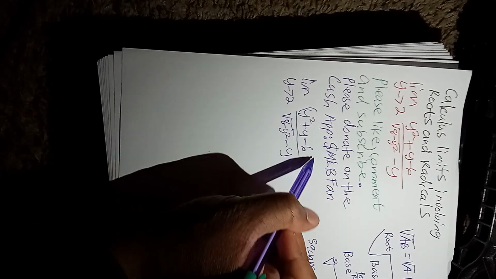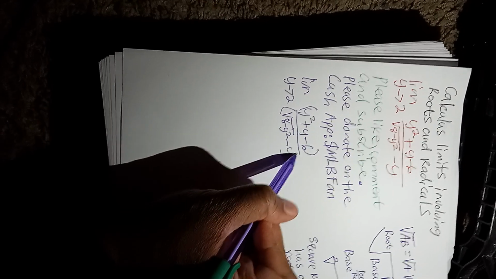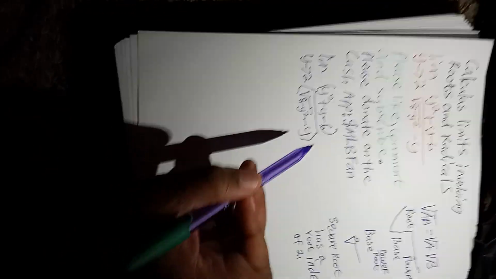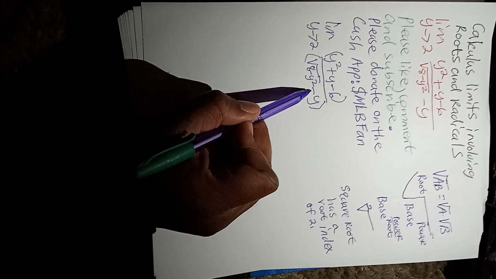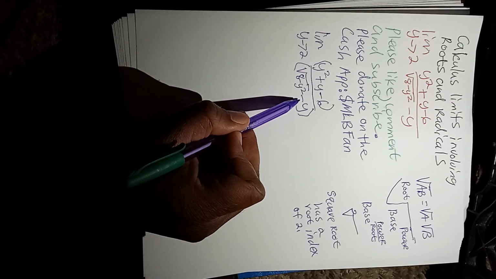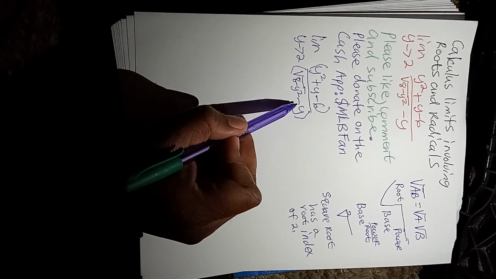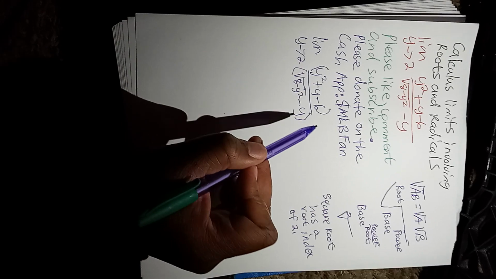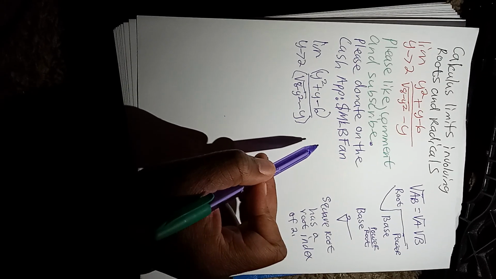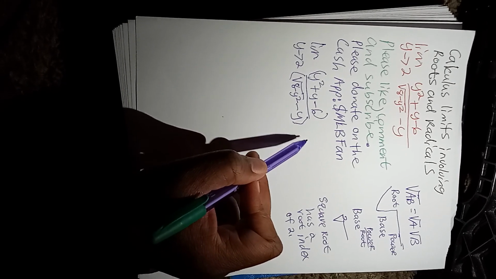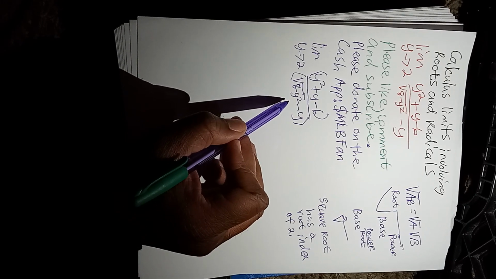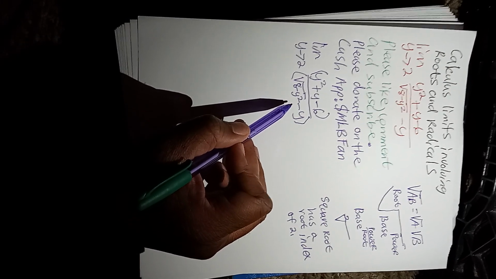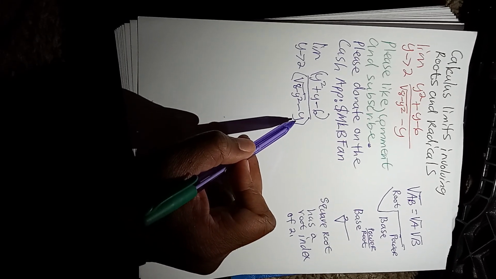The first step involves putting parentheses around the numerator and the denominator. Notice the sign in the denominator is a minus, so when we conjugate or rationalize the denominator, we will multiply by the square root of 8 minus y squared, and it'll flip to a plus y.